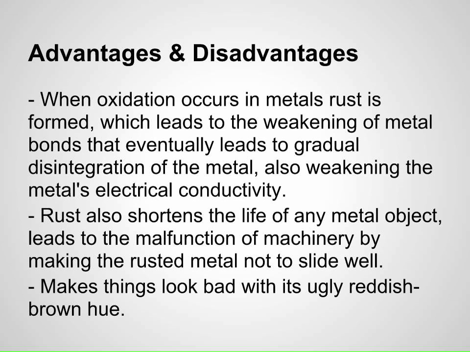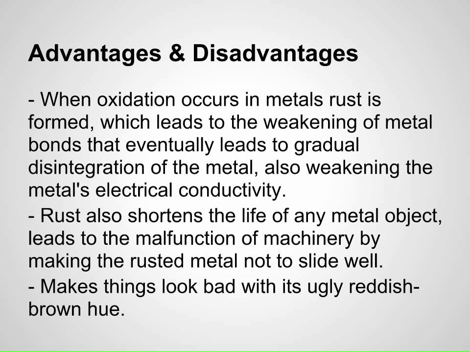So mainly there are no advantages that could be found for rusting. However, on the other hand, there are many disadvantages. When oxidation occurs in metals, rust is formed, which leads to the weakening of metal bonds that eventually leads to gradual disintegration of the metal, also weakening the metal's electrical conductivity.